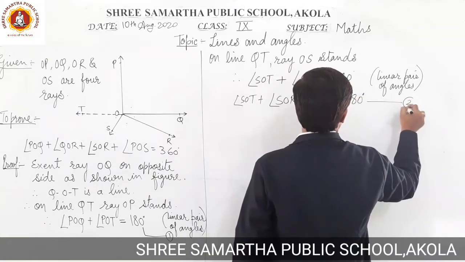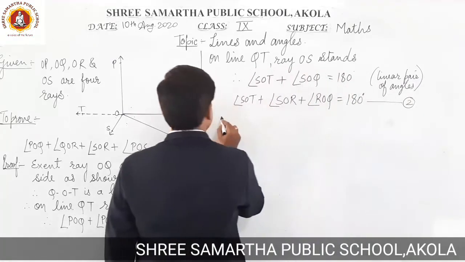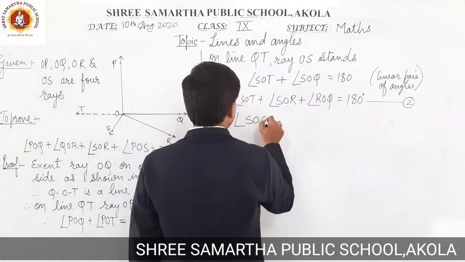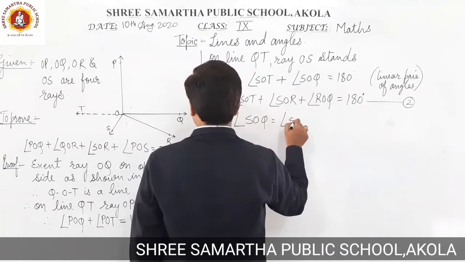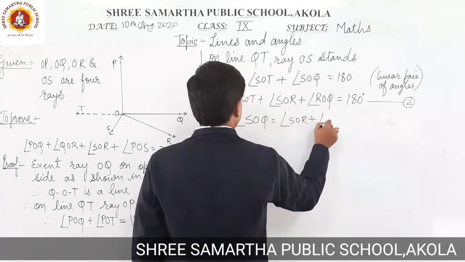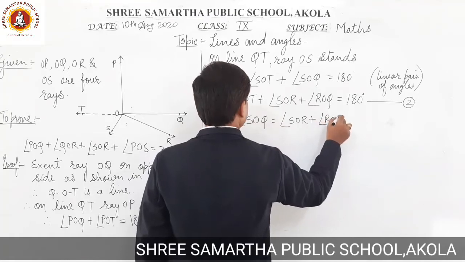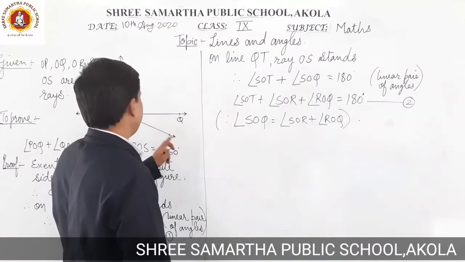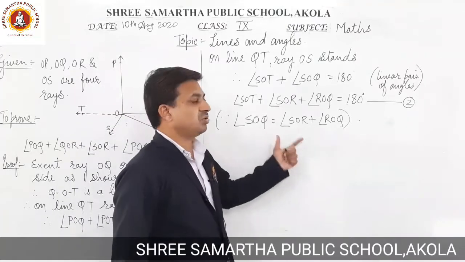This will be our equation number 2. The reason is that angle SOQ is equal to angle SOR plus angle ROQ, the sum of these two angles.